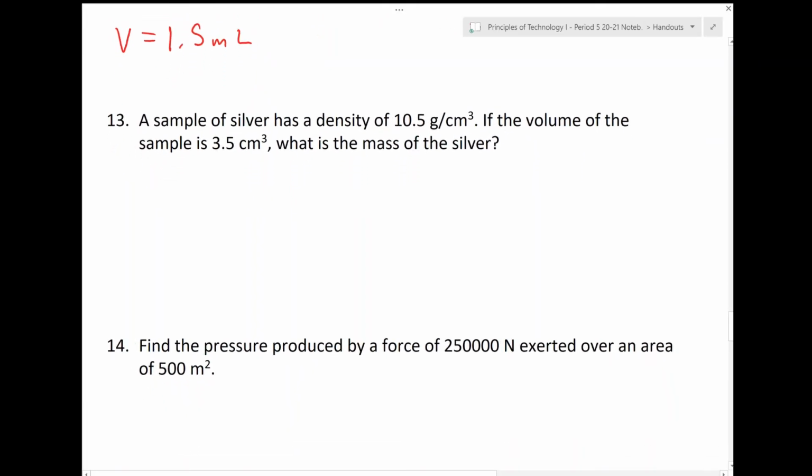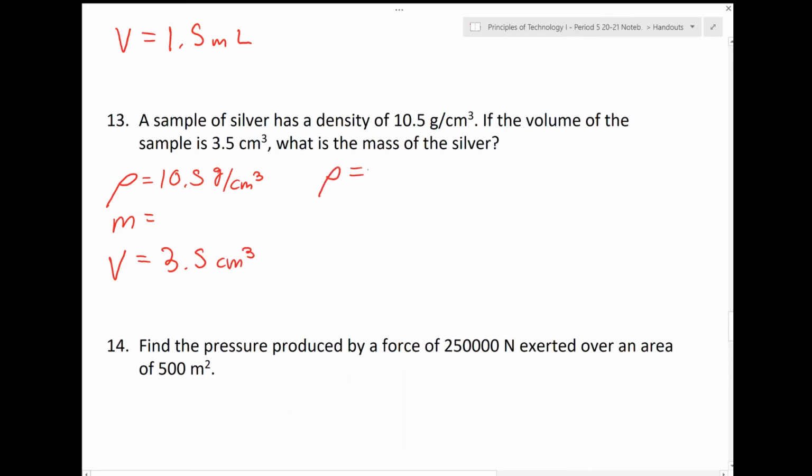Number 13. A sample of silver has a density of 10.5 grams per cubic centimeter. If the volume of the sample is 3.5 cubic centimeters, what is the mass of the silver? So we're looking for mass, M, and we know the volume is 3.5 cubic centimeters.